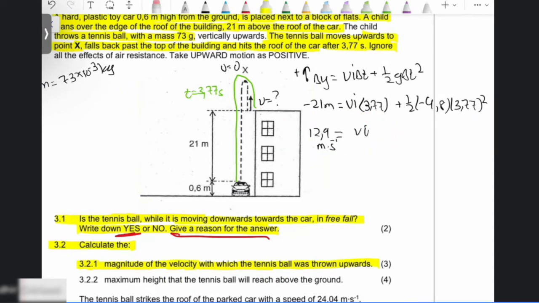Okay, guys, 3.2.2, maximum height that the tennis ball will reach above the ground. So now we need to calculate this maximum height. Take a moment and let's sort that out, guys.